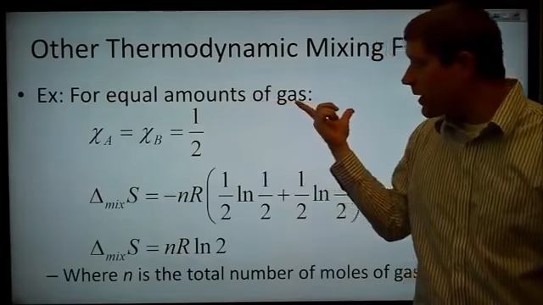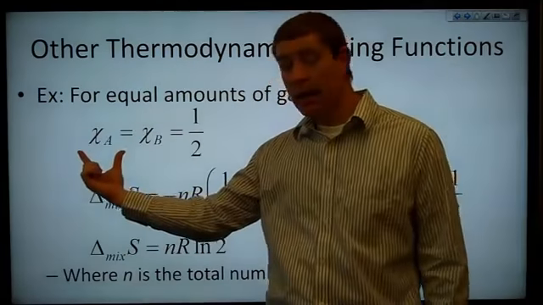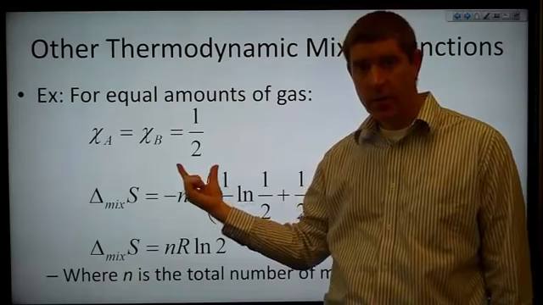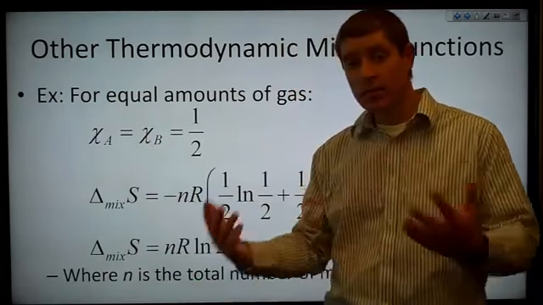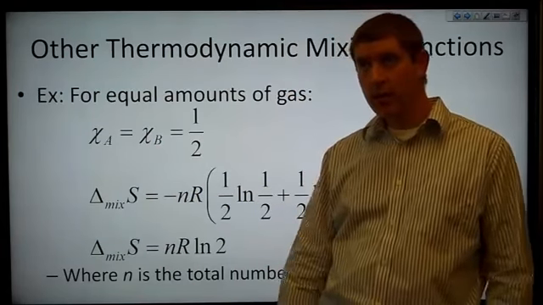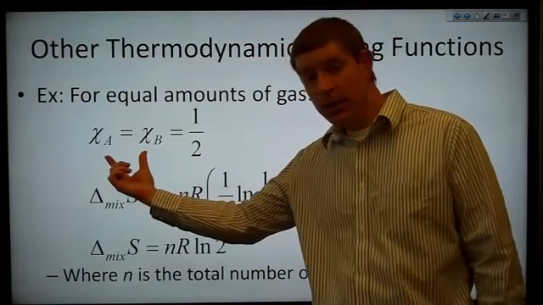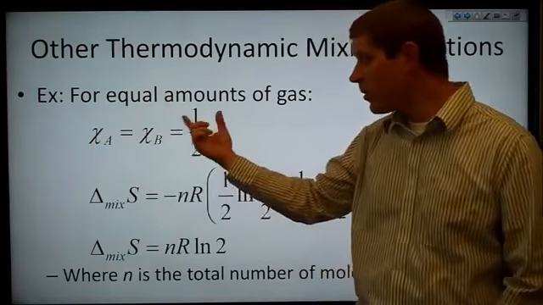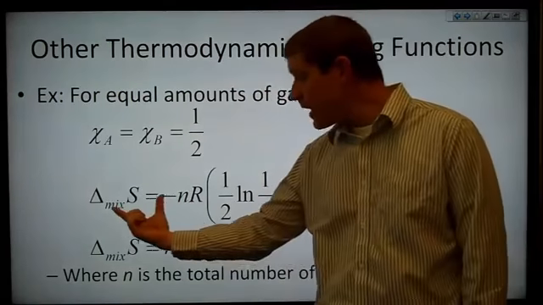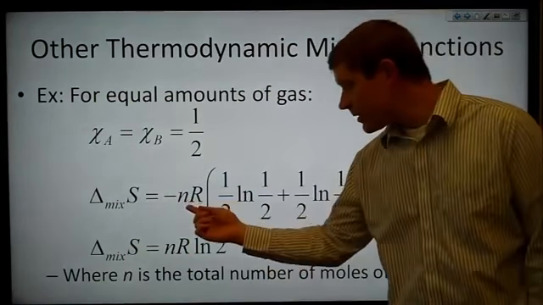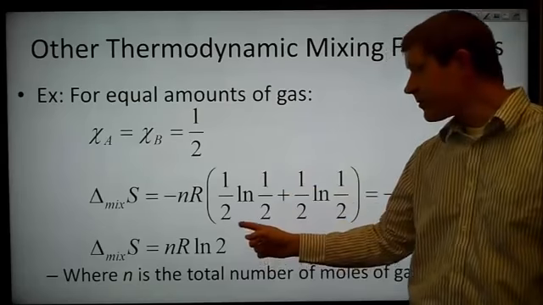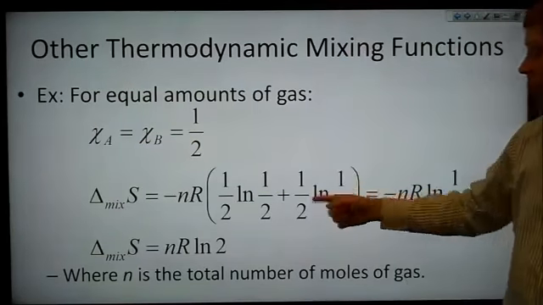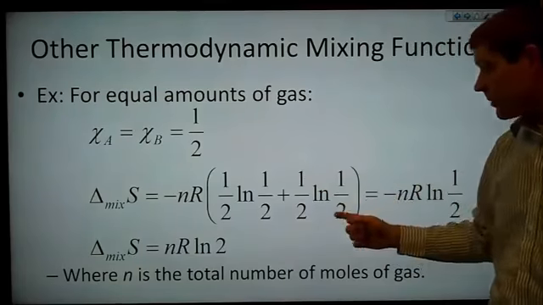And this means that for equal amounts of gas, we can say that chi A is equal to chi B, and each of them is 1/2. If we have equal amounts of A and B, then the total number of moles is double the moles of A, or double the number of moles of B. And this now means that our entropy of mixing is minus N times R times 1/2 (that was the chi A) times the natural log of 1/2, plus 1/2 (that's chi B) times the natural log of 1/2.